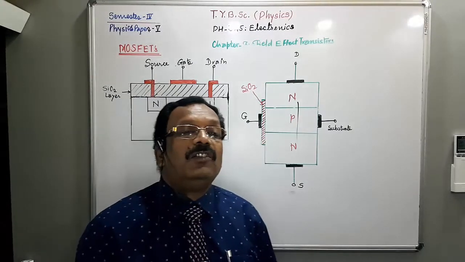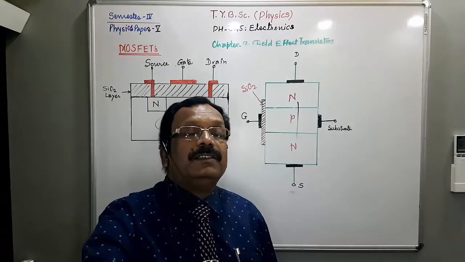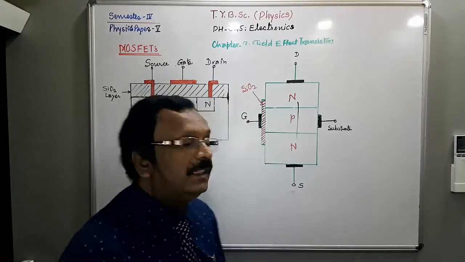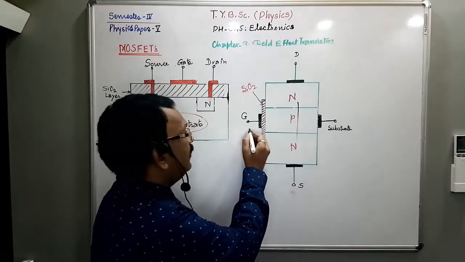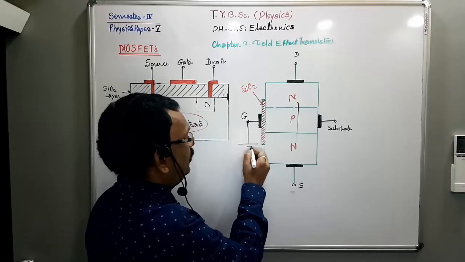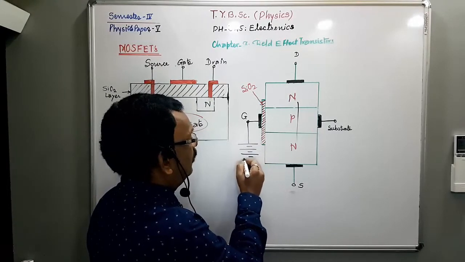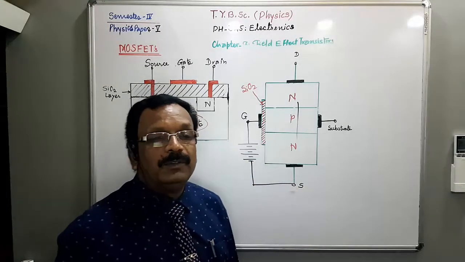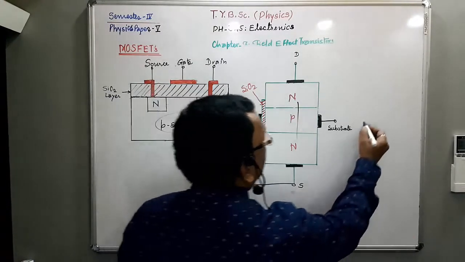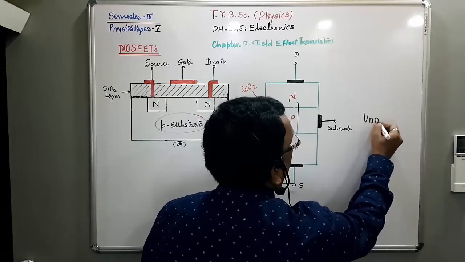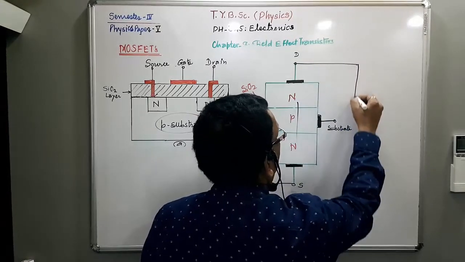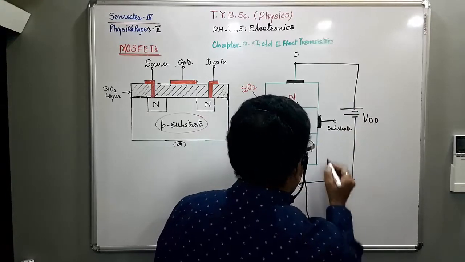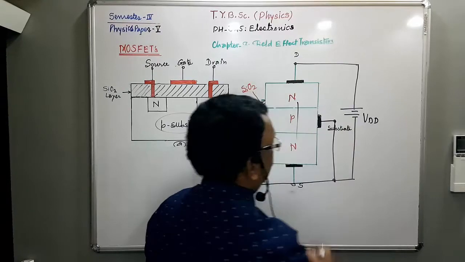So, in order to understand this enhancement mode, we have to give the polarity. How to polarize it? See here. This gate is connected to the positive plate of the battery, in this way. And there is a VDD, which is connected to the source, and the substrate is again connected here.